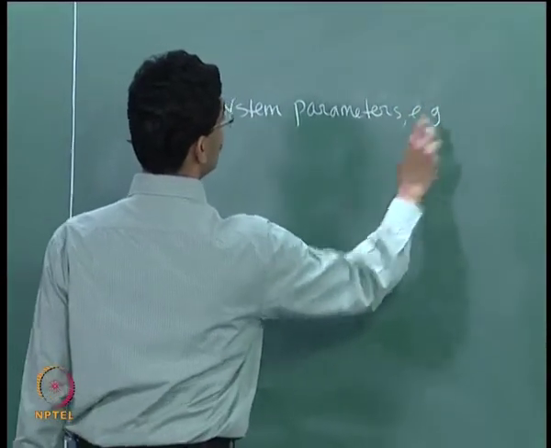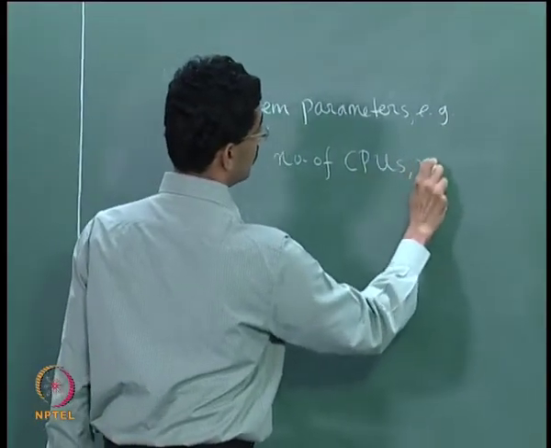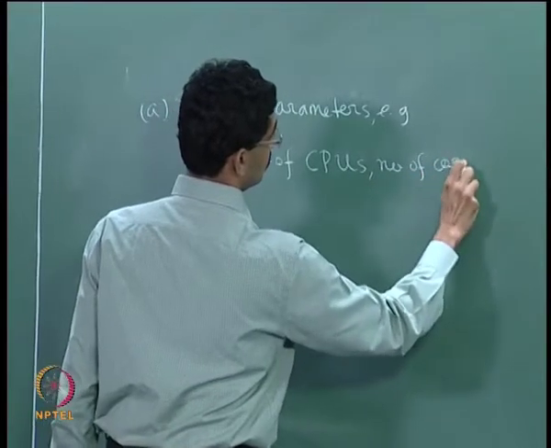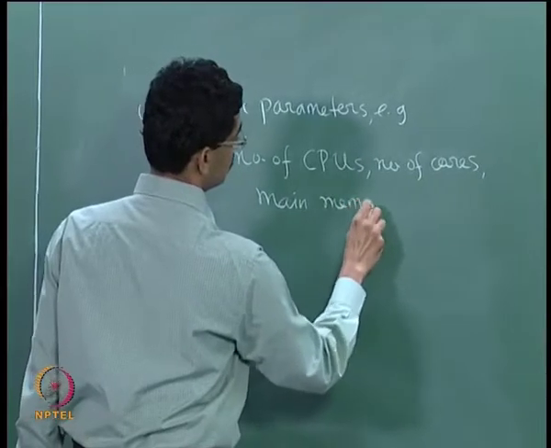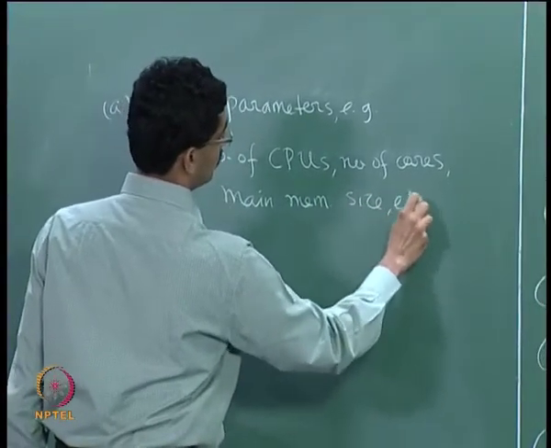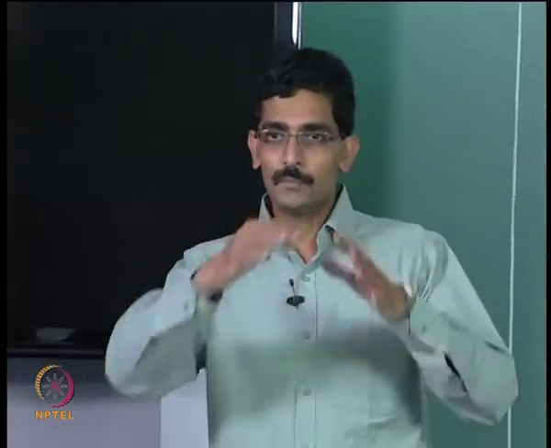So for example the number of CPUs or the number of cores, main memory size. Okay. So this is from the system perspective, these are all the parts of the system, right. Or if it is a switch, then you say the switch is operating at so many links and so much of backplane capacity, and this is the per link through bandwidth that is available, right. So that is all definition of what the system is.